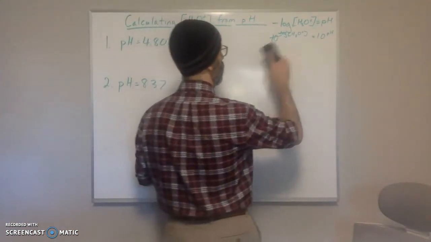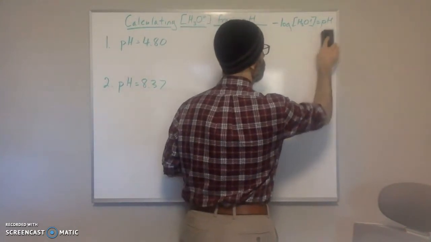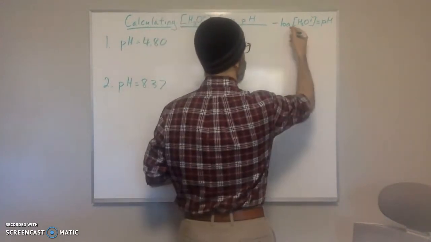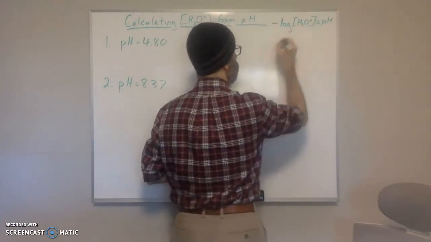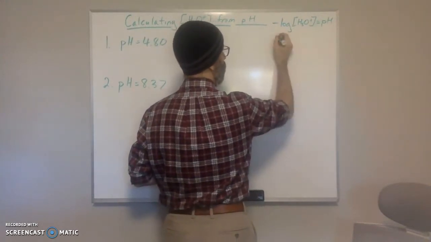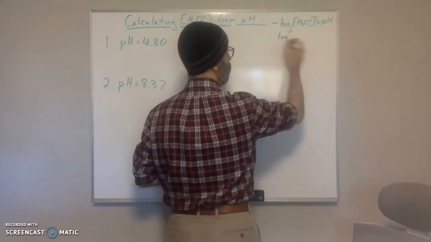Well, just a second. So let me go backwards here. I forgot to do a step. First thing you want to do is take the negative over there. I forgot to do that. So I moved the negative over.